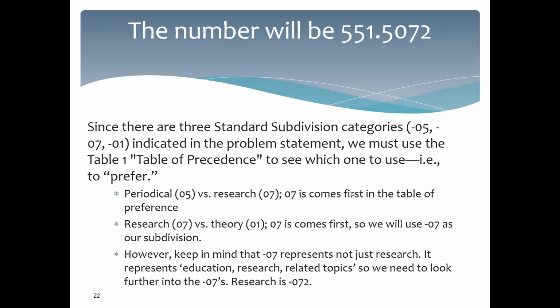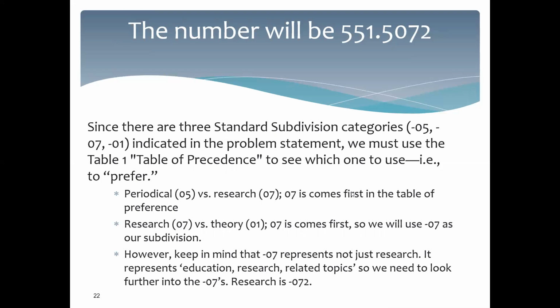Now, you may think, but we want all of our periodicals on meteorology together. We're a big library, a big science library, a big weather library. We want all of our periodicals to sit together, as opposed to having them split between periodicals, research, and then periodicals.